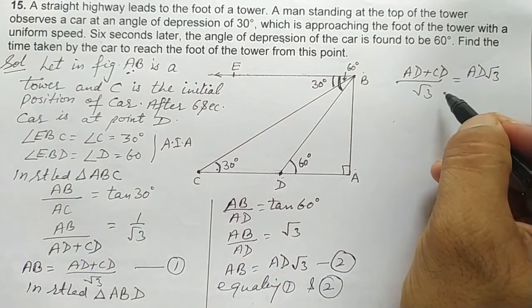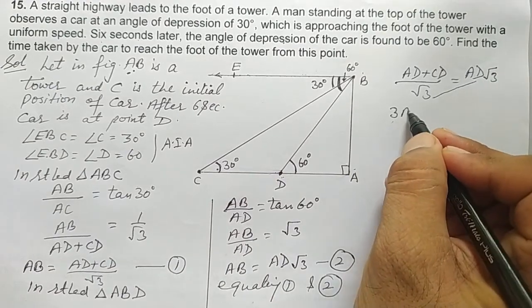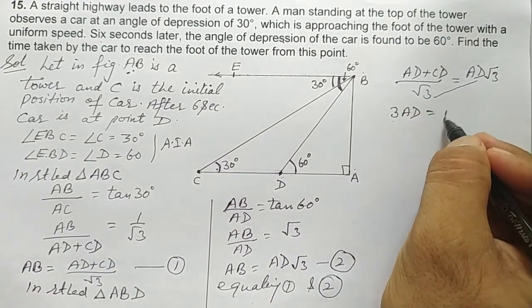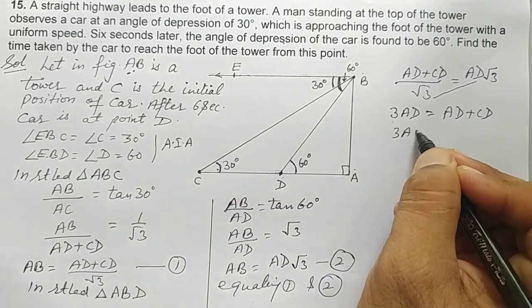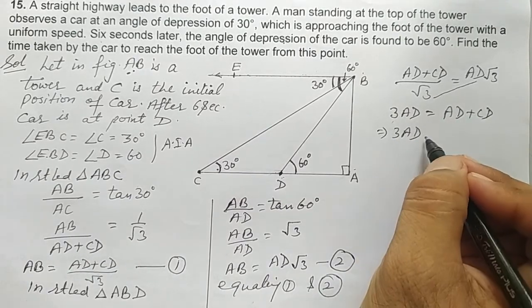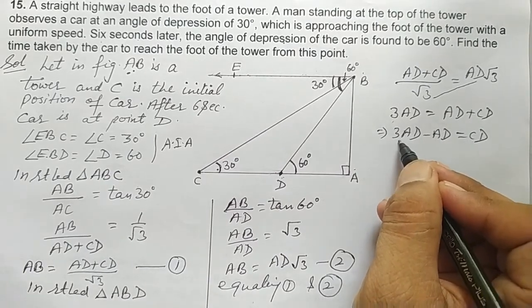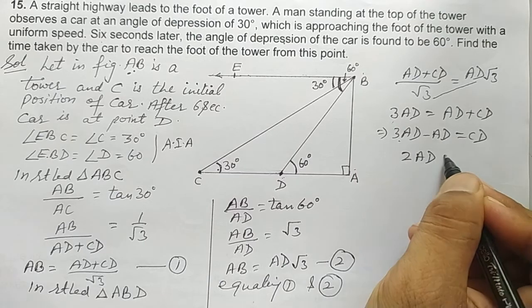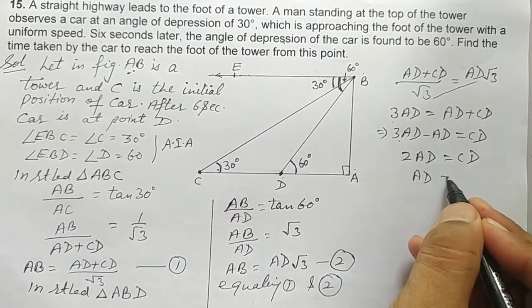Now cross multiply, this root 3 will be 3, so 3AD. So 3AD is equal to AD plus CD. Okay, so 3AD, and this AD will also come to this side, minus AD is equal to CD. So you can say 2AD is equal to CD.